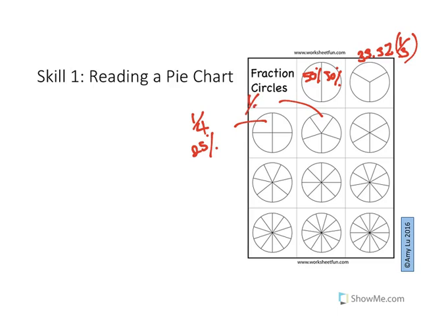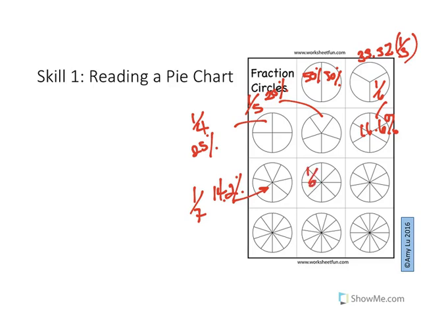This one is 1/5, or otherwise known as 20%. This is 1/6, which is equivalent to 16.6%. This is 1/7, which is known as 14.2%.